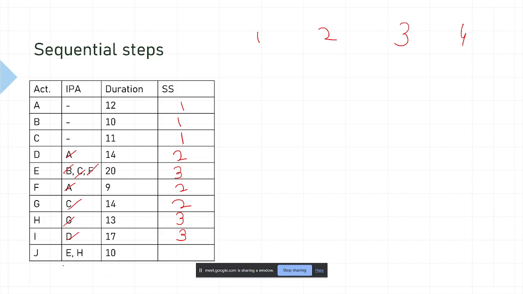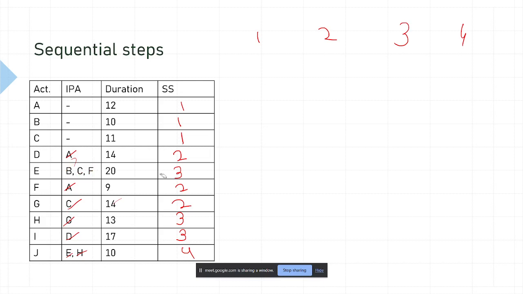See, the same thing is happening in case of J also. SS of E is 2, right? Sir, SS of E is 3. Okay, it is not happening here. I thought it must happen. Okay, in this case, it's 4. In case of E also, it's happening, sir, in case of 1 and 2.